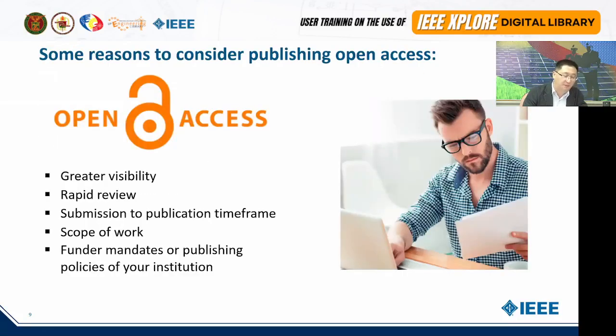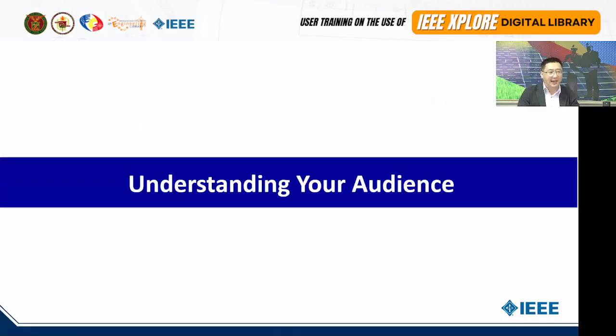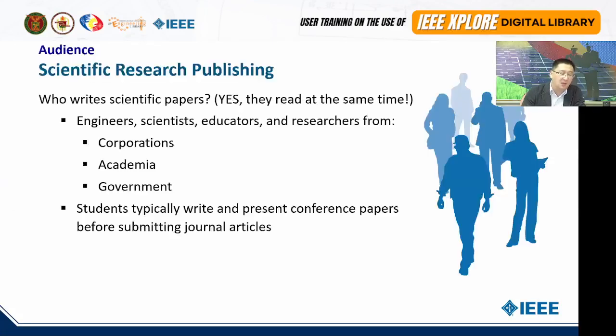We also have options of publishing in open access. They provide greater visibility, rapid review process, a wider scope of work, as well as sometimes the institutions or government agencies will have mandate requirement for OA publications. Again, before we even talk about writing, before we even talk about preparing your paper, we need to understand your audience.